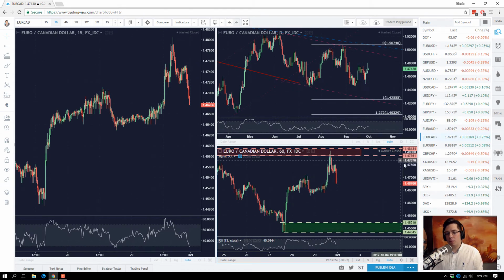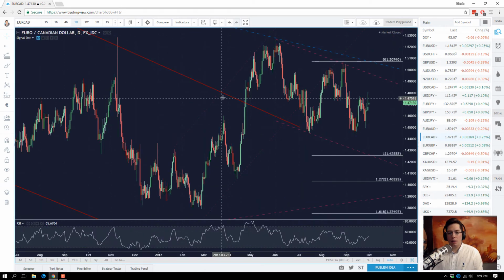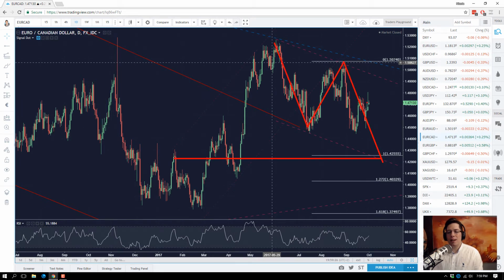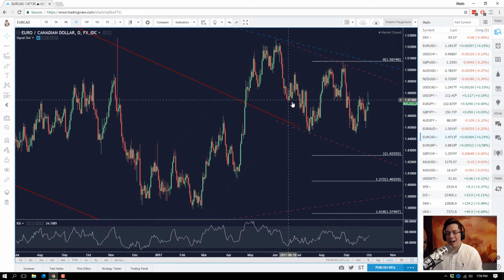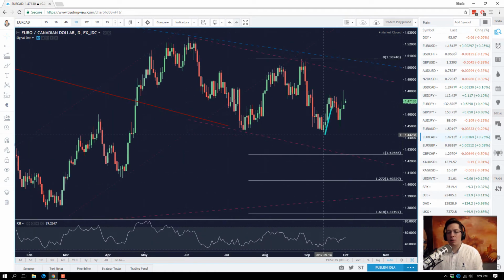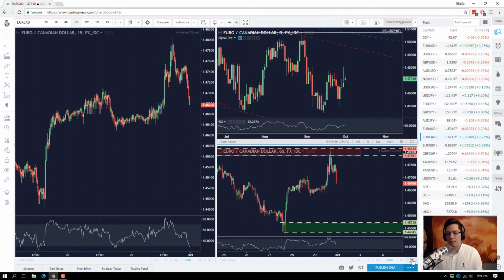EuroCAD, let's see what to do here. EuroCAD, I wanted to see that ABC move toward the equal X. We are moving higher a little bit, but over here we have that ABC that looks more like a bearish sign to see that 143. So let's see what's going to happen.